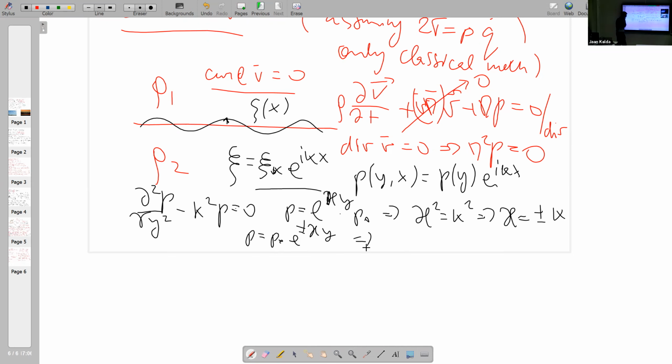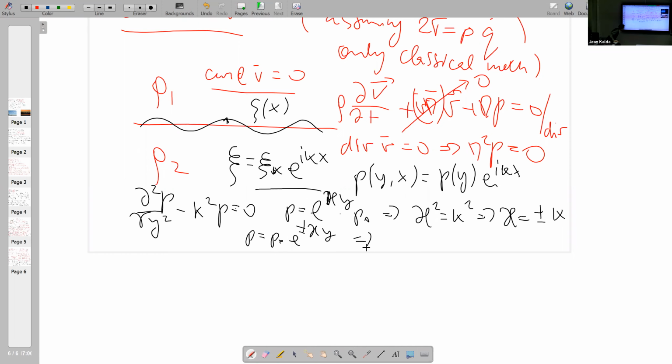And now, the next step would be for us to write potential energy and kinetic energy, keeping all this in mind. So we know that if we have a perturbation evolving at the interface, there was no perturbation before, so it should be quite obvious that it must decay to either side of the interface.